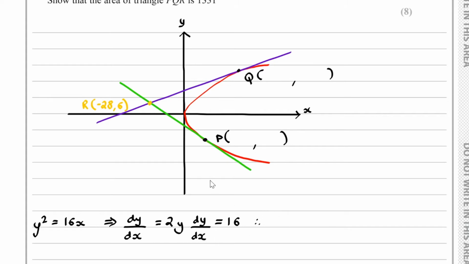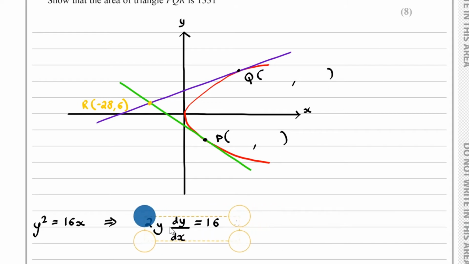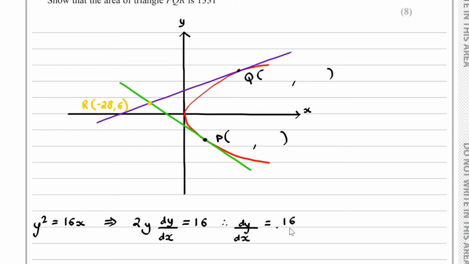Alright, so that was my slight mistake. From which we can see dy over dx is equal to 16 over 2y, so we have 8 over y as our derivative gradient function.